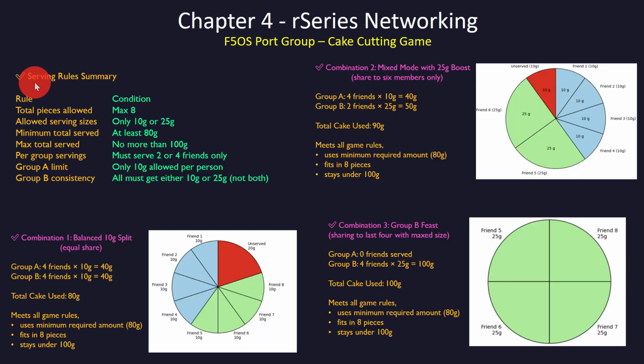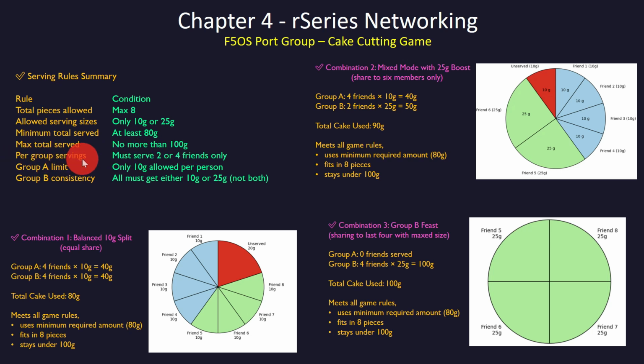Alright, let us see the serving rule summary. Total pieces allowed: maximum 8. Total serving sizes: either 10 gram or 25 gram. Minimum total served: at least 80 gram. Max total served: not more than 100 gram.